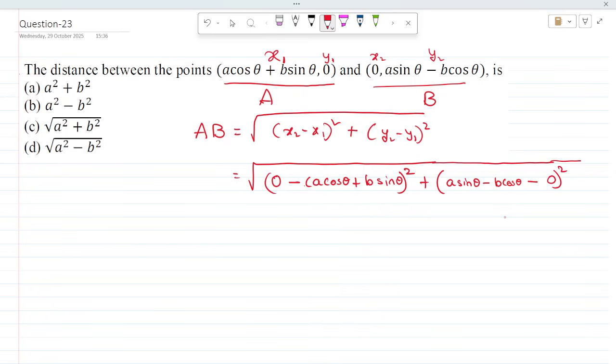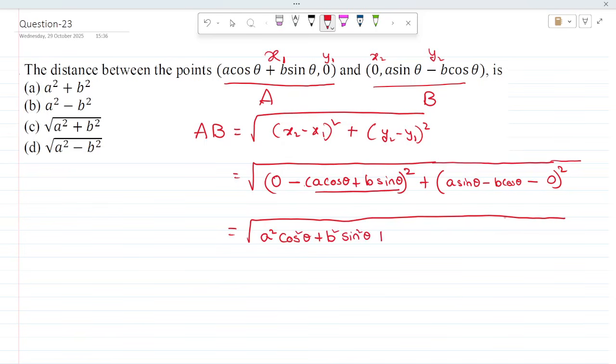Agree with this? Now root of, what is there? 0 minus anything, same term only, right? Since it is square, the minus will vanish. It is like a plus b whole square. So what will it become? A square cos square theta plus b square sin square theta plus 2ab sin theta cos theta. Correct?